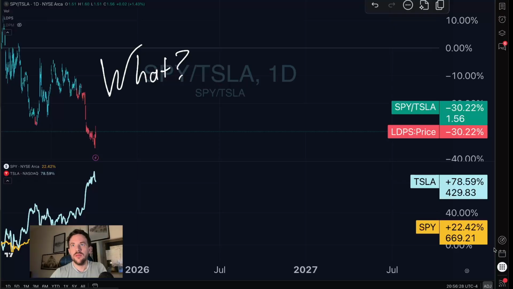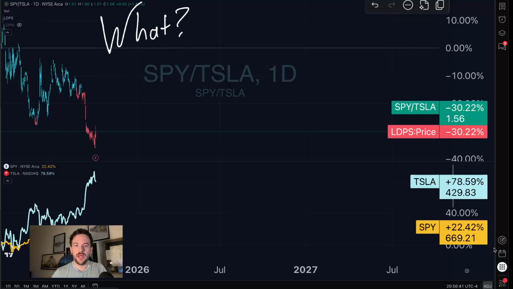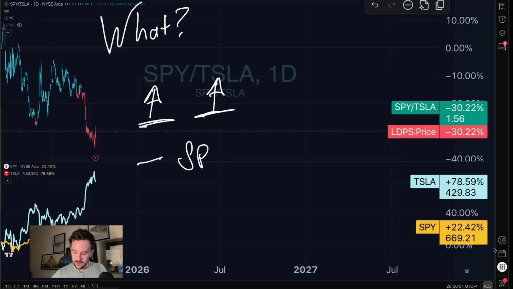Well, as the name implies, or I don't know if there is another name for these types of charts, so if you do know of one, definitely put it in the comments below or reach out to me. But I've just been calling them composite charts. And the idea is that we are comparing two things. So here we're comparing SPY versus Tesla.